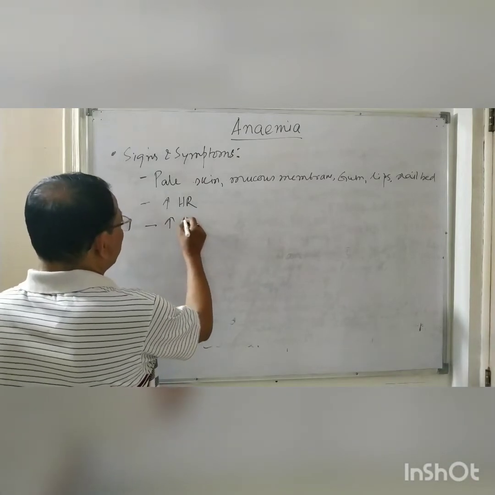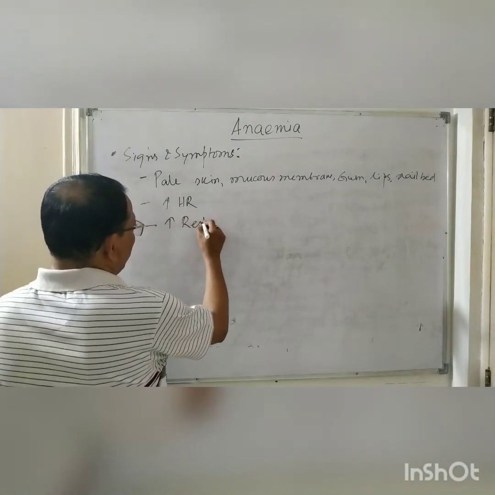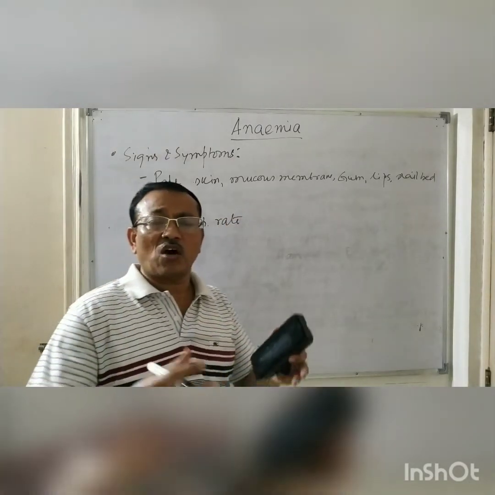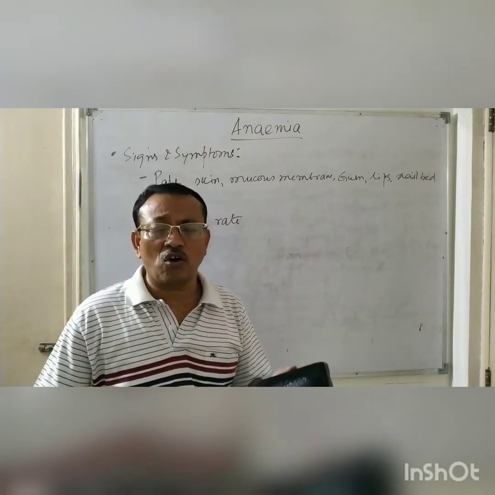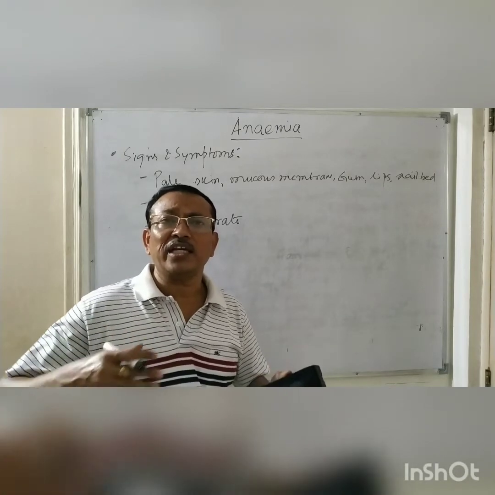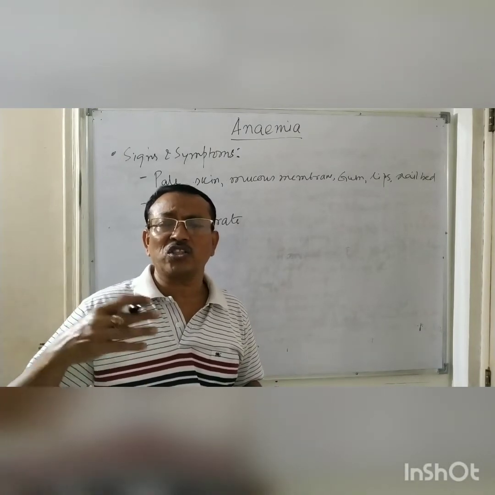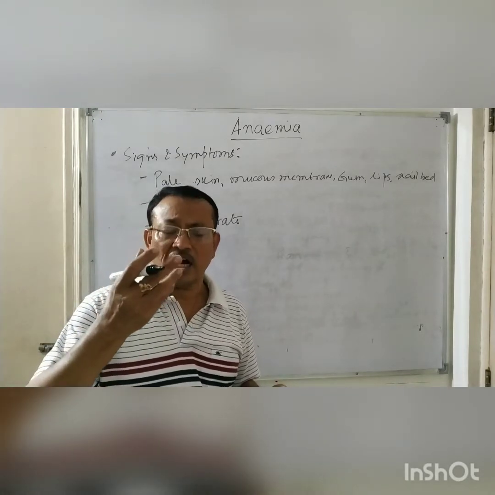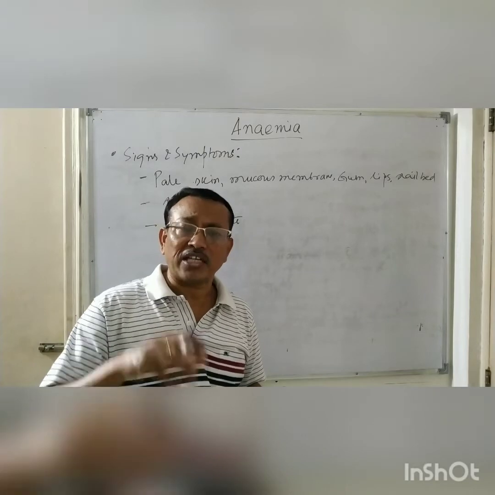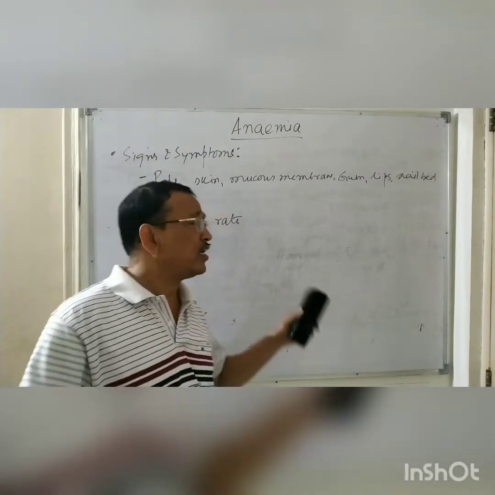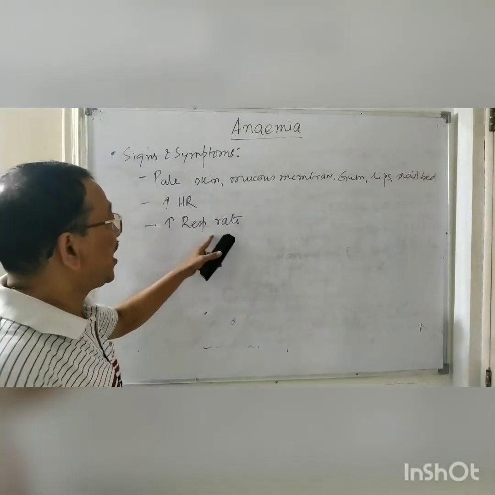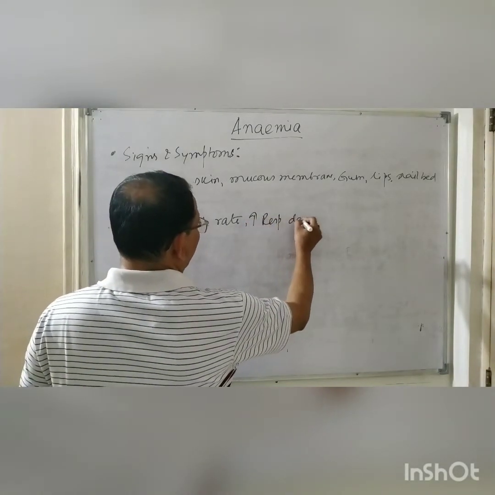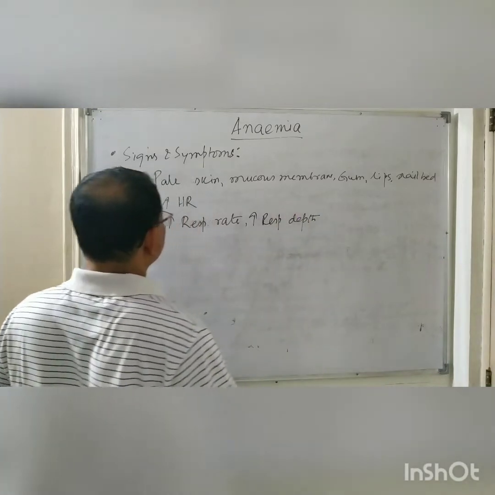Similarly, there is a rise of the respiratory rate. Respiratory rate will also be increased because as the RBC count is low and hemoglobin content is low, to increase the supply of oxygen to the tissue, more oxygen has to be taken up by the lungs, and this is why the respiratory rate and depth are increased.